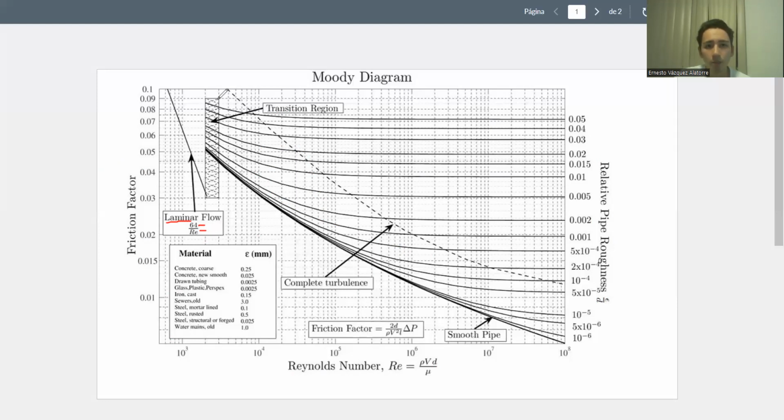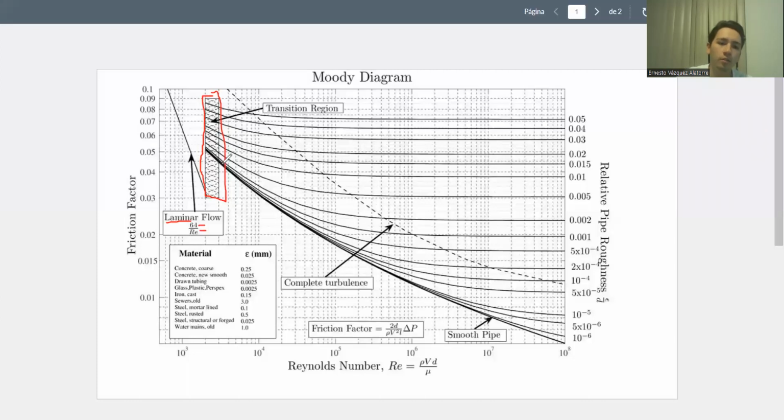Now in the transition region, you usually don't calculate things. We barely ever calculate the friction factor in that region, because it's a small region and we don't usually have fluids flowing through it.